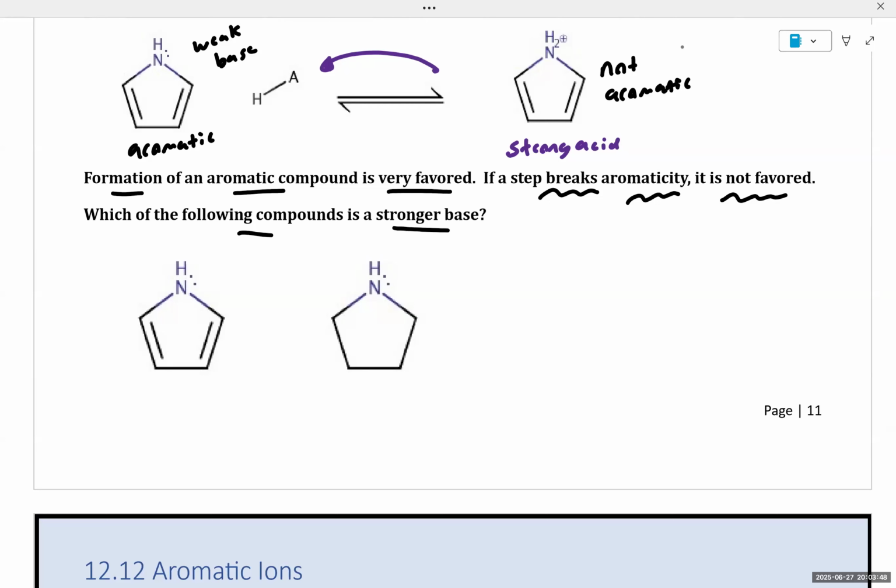Based on just what I've presented to you, this cyclic amine is a stronger base, in part because you don't have this huge penalty for protonation where you break aromaticity if you protonate pyrrole. So pyrrole is a weaker base than this normal cyclic amine because if you protonate pyrrole, you pay this huge penalty as a result of breaking aromaticity.